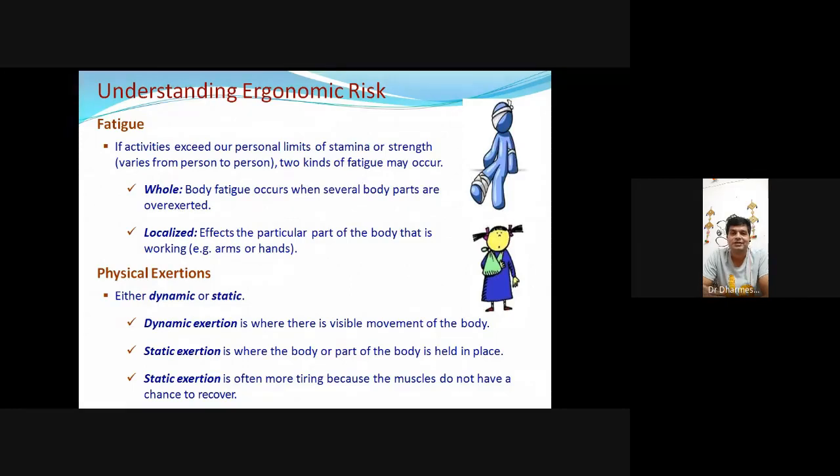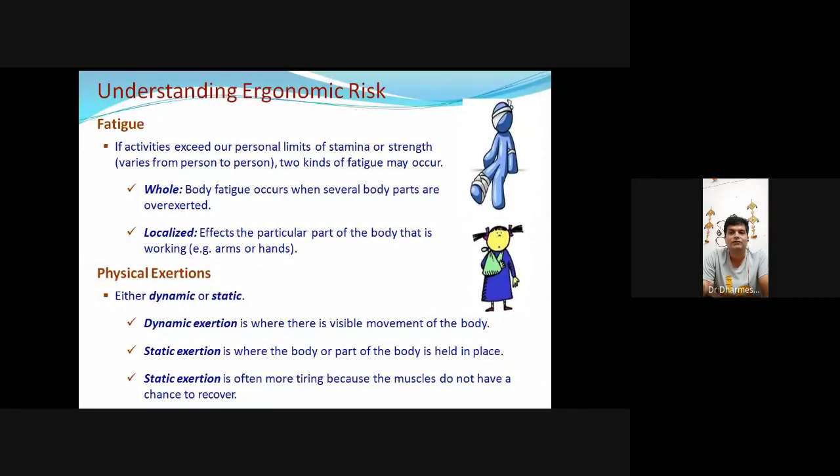Understanding ergonomic risk: first of all, if activities exceed our personal limit of stamina or strength, two kinds of fatigue may occur, whole body and local. Whole body fatigue occurs when several body parts are overexerted. Taking physiotherapy as an example, if we are doing any activity that exceeds our whole body capacity, the body will get exhausted and doesn't have recovery time.